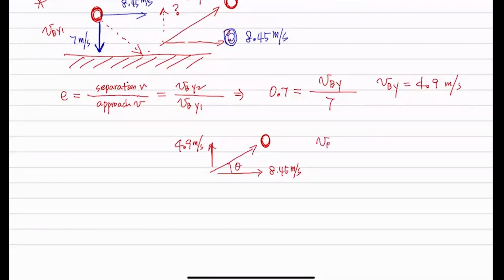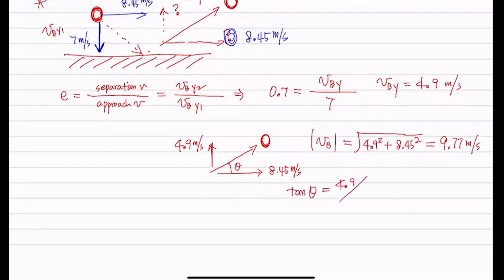The magnitude of the velocity of the ball after it hits the ground is going to be about 9.77 meters per second. And if you're interested in finding this angle, tangent theta is going to be 4.9 divided by 8.45, right? So you can find theta, that is about 30.1 degrees.